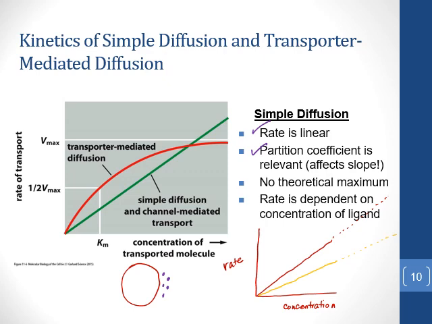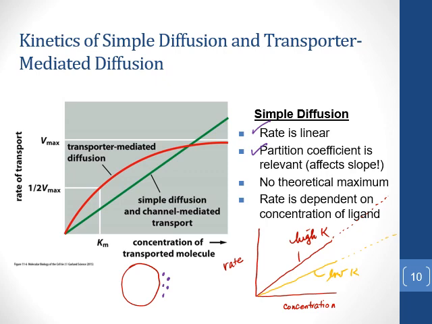So the mechanism is the same, but at any given concentration, what we notice is that the red molecule is moving at a higher rate than the yellow molecule. That would be because the red one has a relatively high partition coefficient. The yellow one has a low partition coefficient. Even though it has a low partition coefficient, it's still moving across the membrane by simple diffusion. It's just at a low rate.